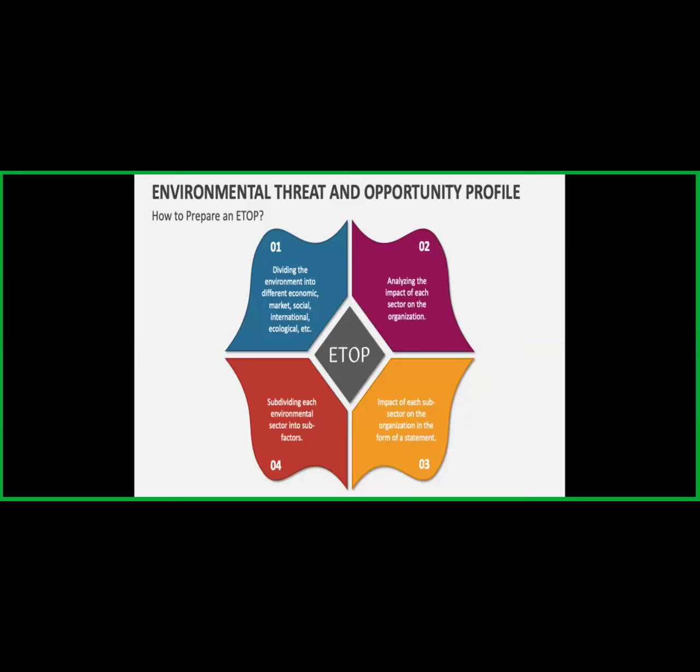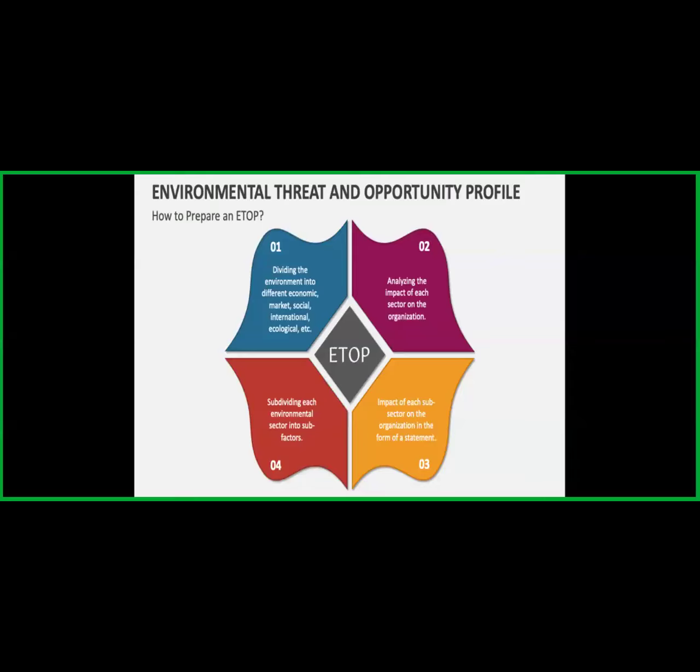But when we talk about ETOP, ETOP includes the environment, and it extends itself to all the external environment, which includes technological environment, economic environment, political environment, and socio-cultural environment. So in ETOP, we will be concentrating mainly on these four parameters or four quadrants, which represent this ETOP profile.